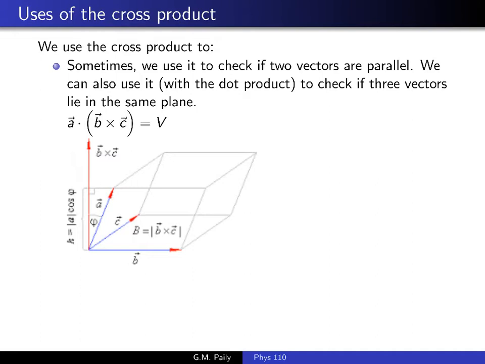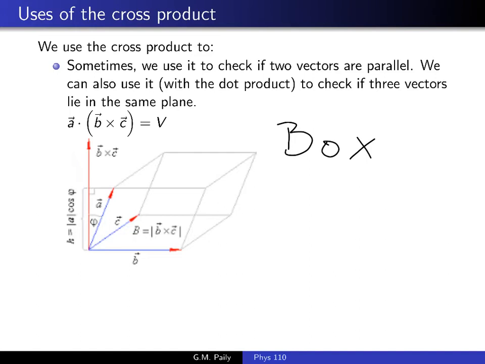If we have three vectors A, B, and C, we can calculate A dot parentheses B cross C. B cross C is going to be a vector, and then A dotted with that vector will give us a scalar, which we can call V. This product is sometimes called the box product.